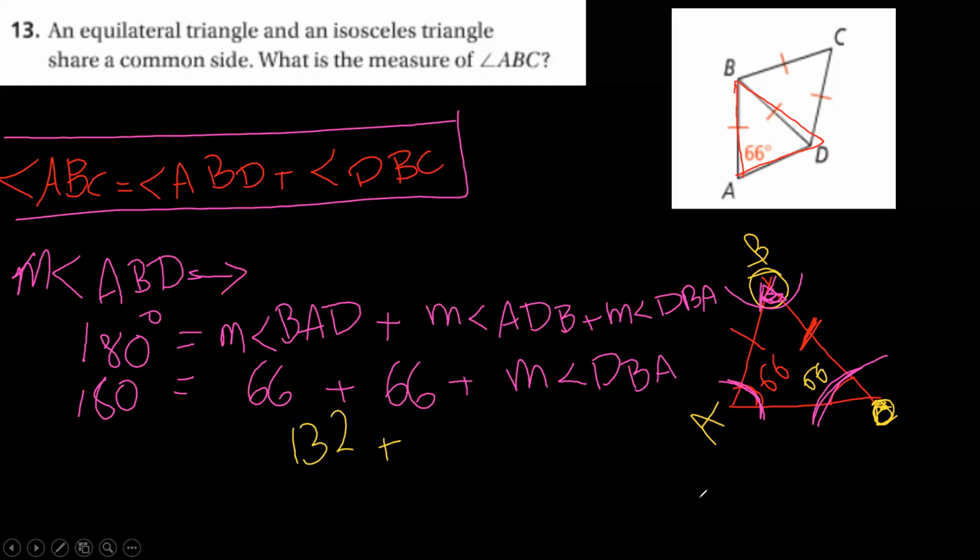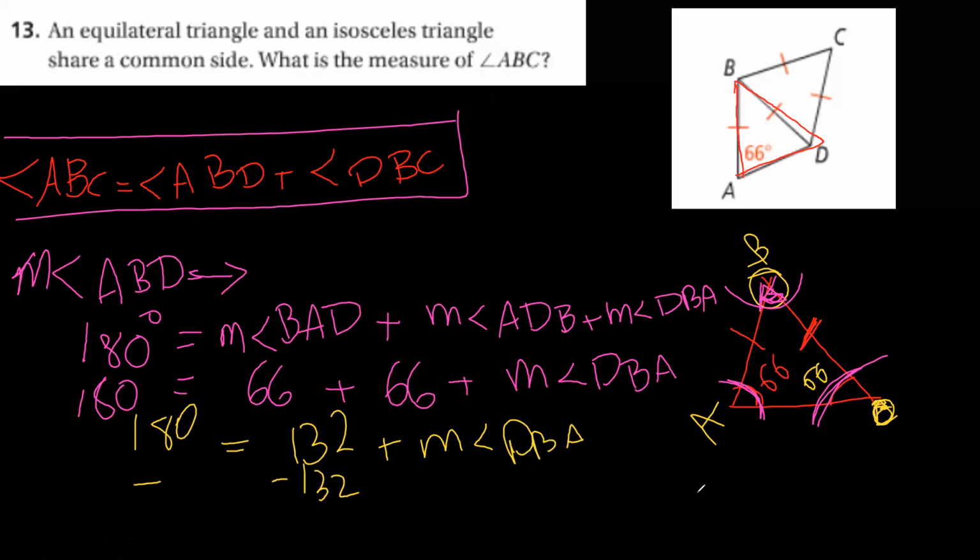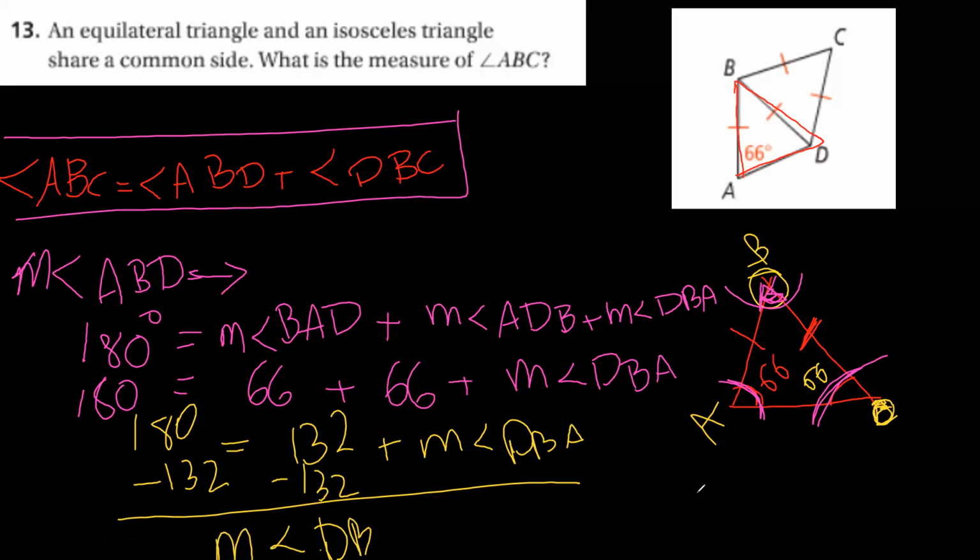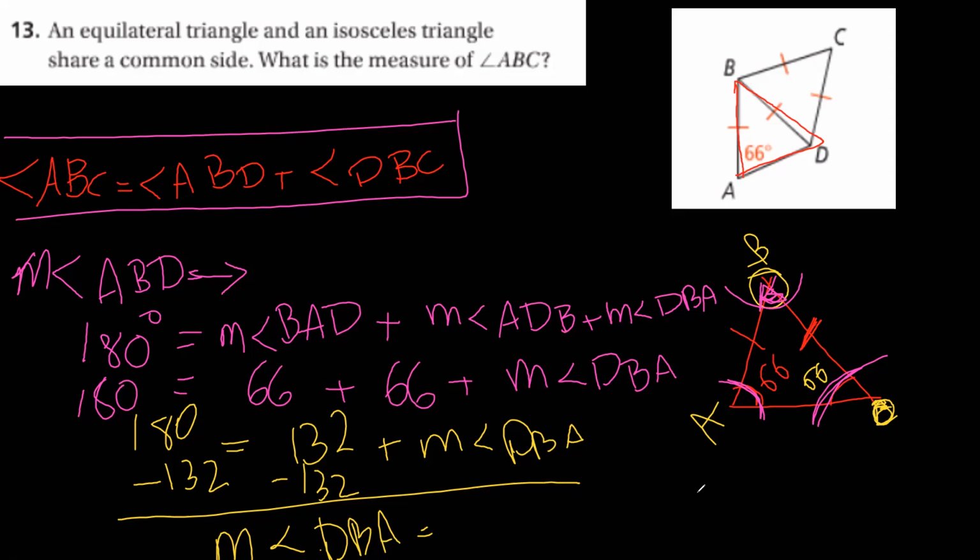Minus 132 from 180, the measurement of the angle DBA is 48. So the measurement of the angle ABD is 48, and I will write it here as 48 degrees.